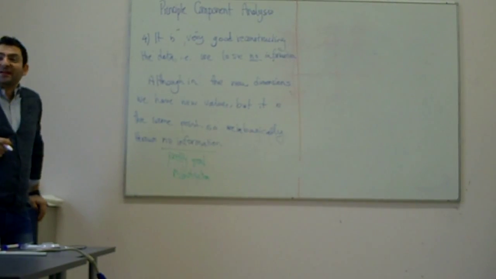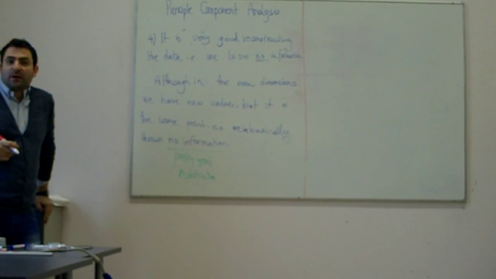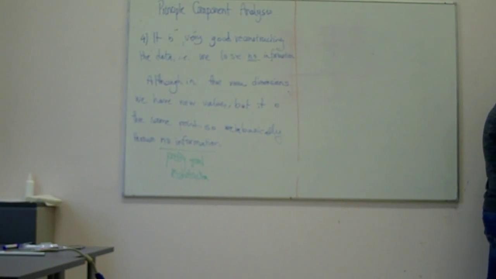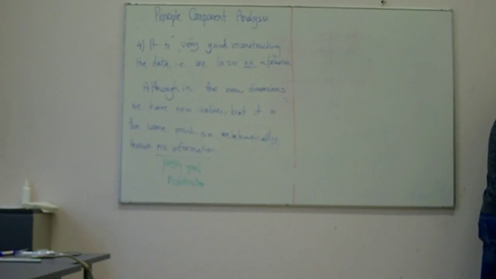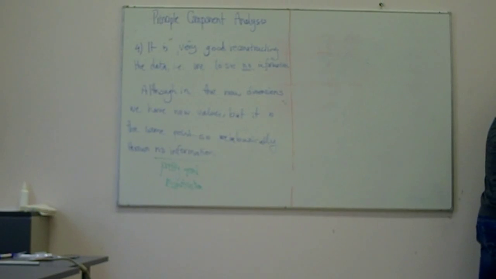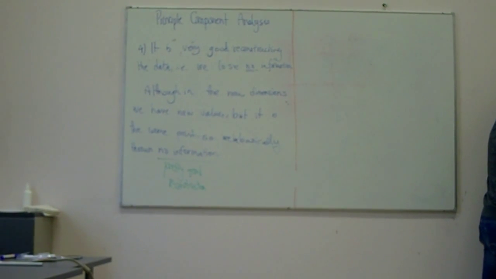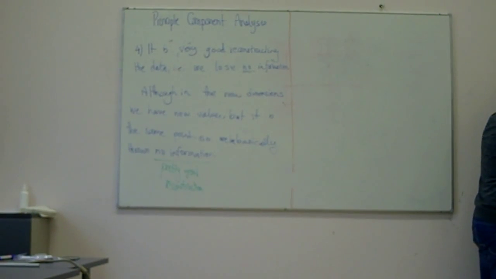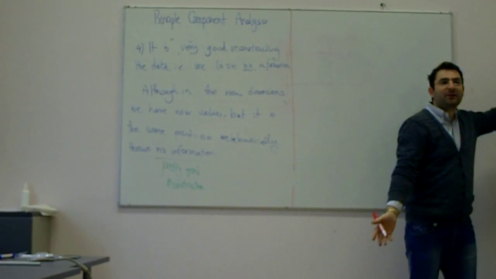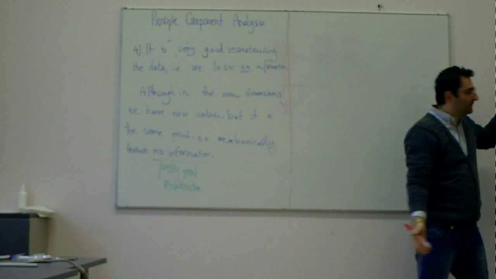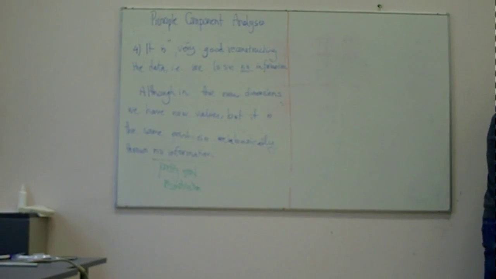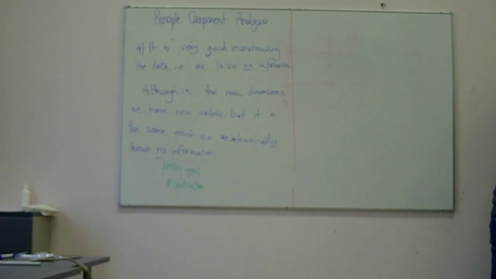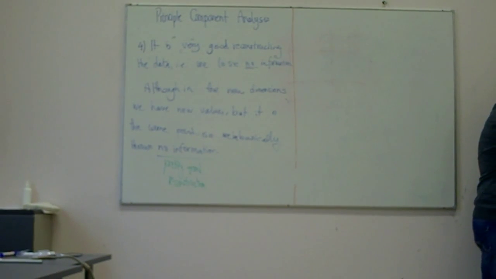So what PCA does by finding this direction is this. If we calculate all of these errors, these distances, and I don't draw all of them, and I add all of these distances, they are called the error.